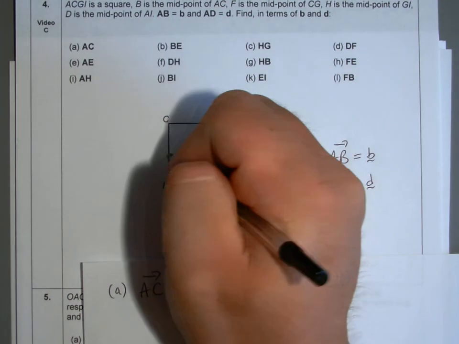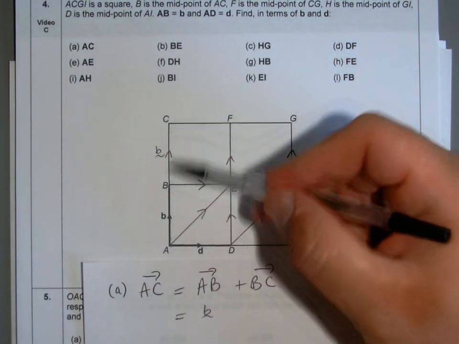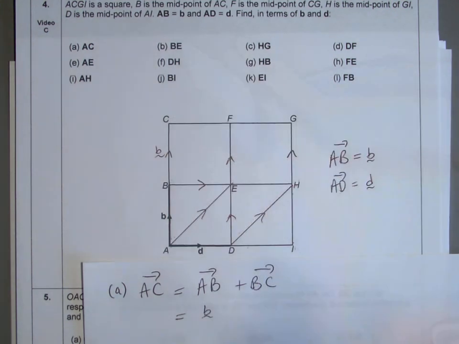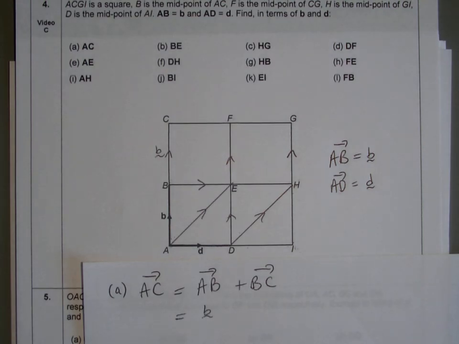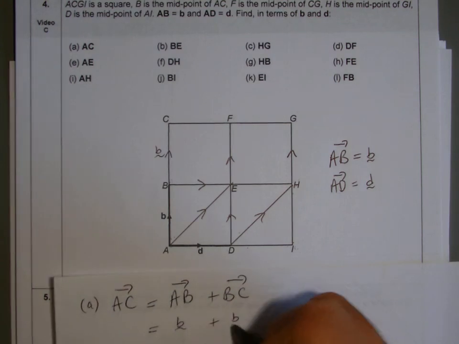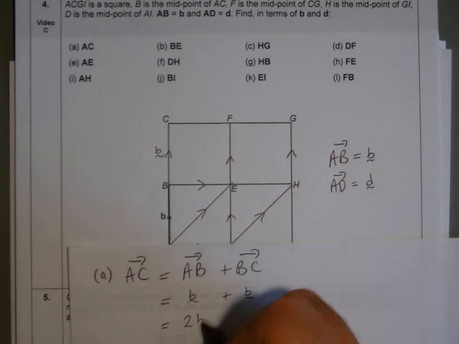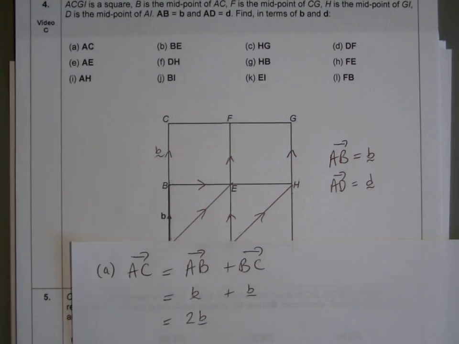So you can put little b there as well. It's the same size because it's the same length. Remember, the length represents the size of that vector. They're the same, so it's just another b. So essentially AC is just 2b, doubling b.